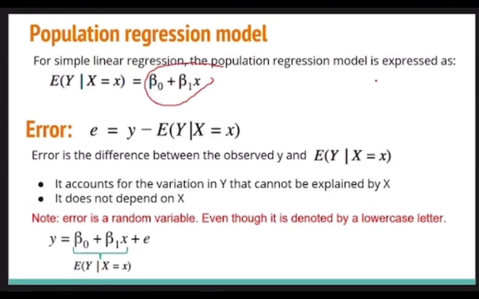So we call them regression parameters. Beta naught and beta 1 together are collectively called regression parameters, but they also have their own specific names. Mathematicians call beta naught the intercept. We can also call beta naught the regression constant. Then beta 1, we call that the slope.